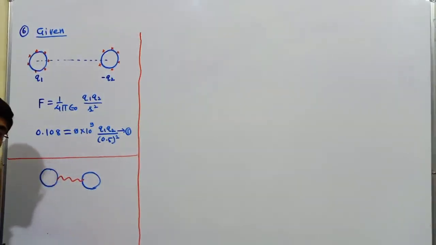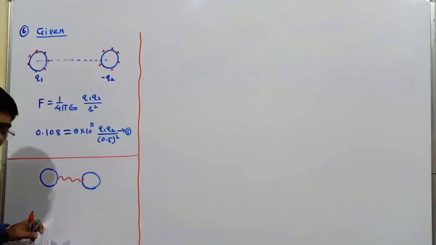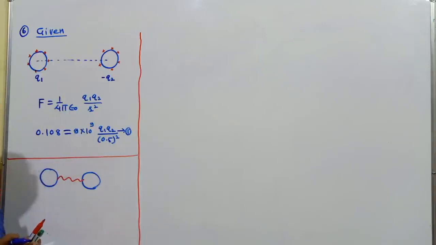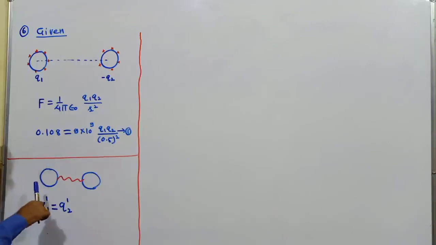But if these two are connected and allowed to have a flow of charge, that flow will continue until potential becomes the same, and after that, you notice that charge on the first one is Q1 dash, charge on the second one is Q2 dash. And for your information, this Q1 dash and Q2 dash, if you work it out, are found to be equal in case of identical conductors.